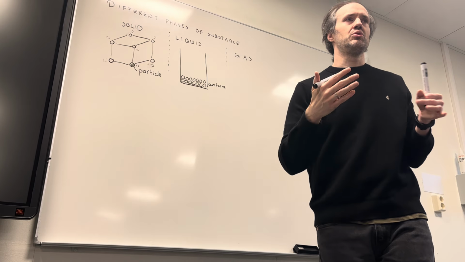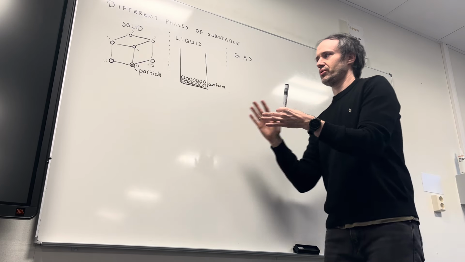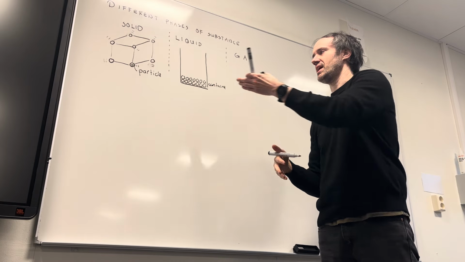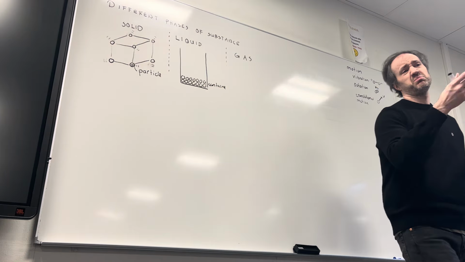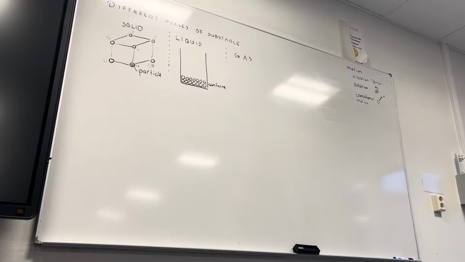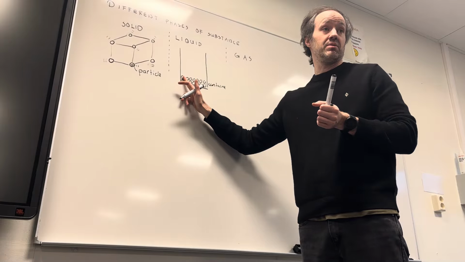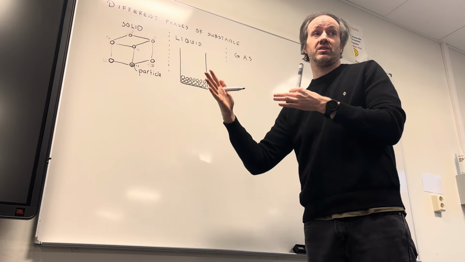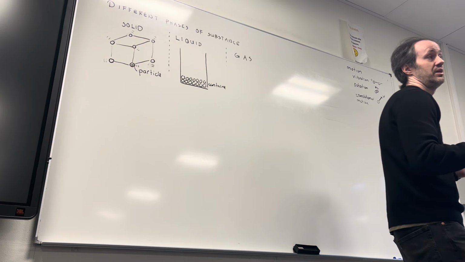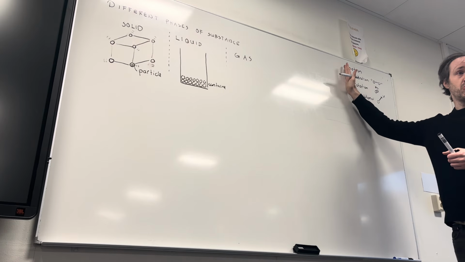The molecules are now able to move with respect to each other, and it takes the shape of the container. So there's still relatively strong forces between the particles. So some of these particles cannot escape. They're still connected to the other particles, but not as strongly, so they are able to move. Different ways to move, different types of motion.